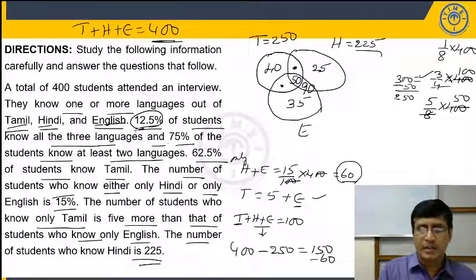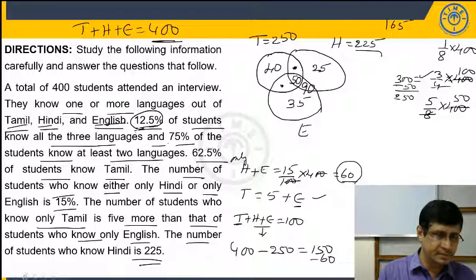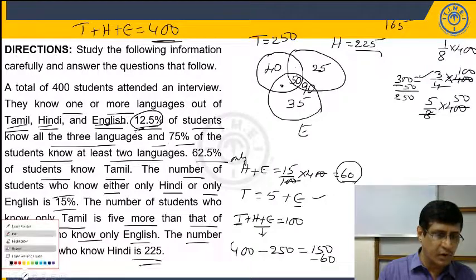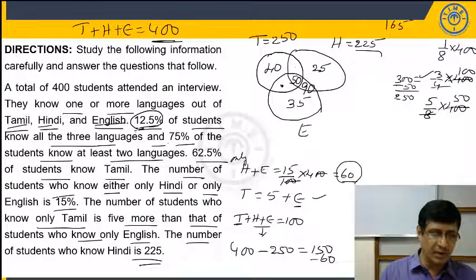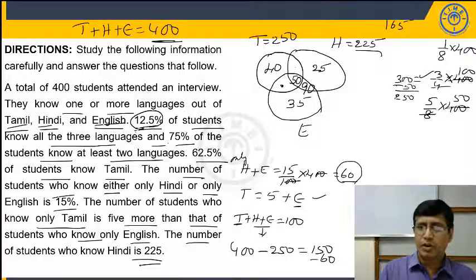The sum of these parts is 90 plus 75, 50 plus 25 is 75, which means 165. When we subtract 165 from 225, how much is the value? It is 60.